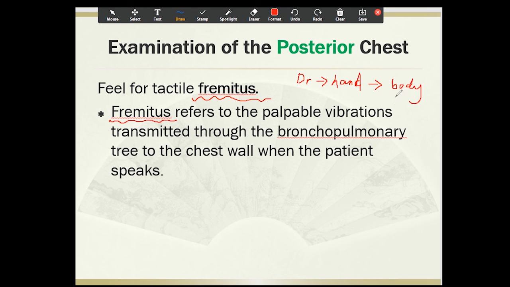When patients speak, the vibrations will be transmitted from the bronchial tree to the chest area, and then we can feel it. So that's the normal reaction.